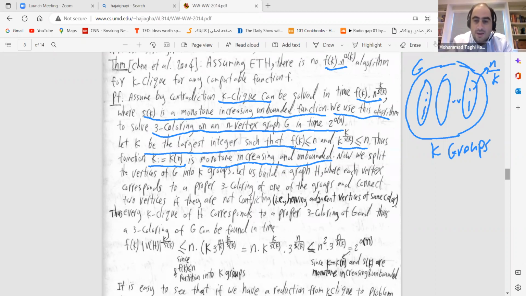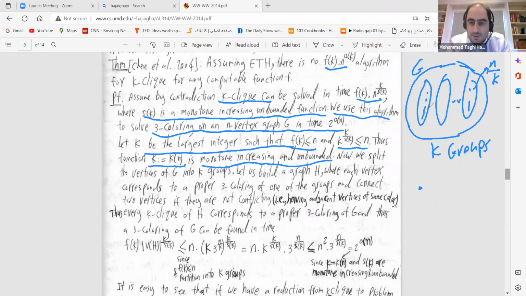Good. Now we construct a graph, sorry, we create a graph H. Each vertex in this graph H corresponds to a proper 3-coloring of the vertices.